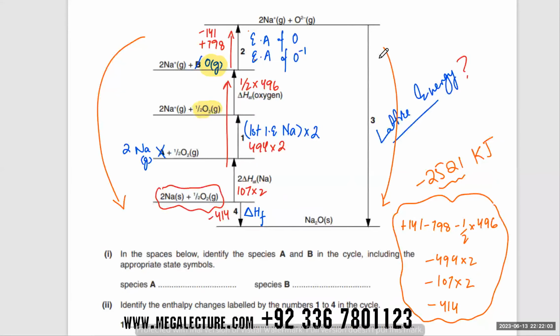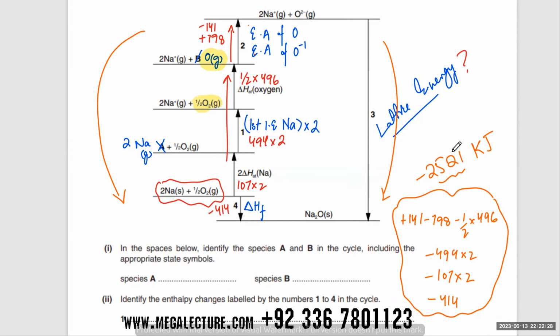It depends on the strength of the lattice, which I told you depends on the charge of the ions. The stronger the charge and the smaller the ions, the more attraction they're going to have. So that's -2521. That kind of looks all right, and usually it's in that range. If it's a weak lattice, it's going to be closer to -1,000. If it's a very strong lattice, it would be around -4,000.